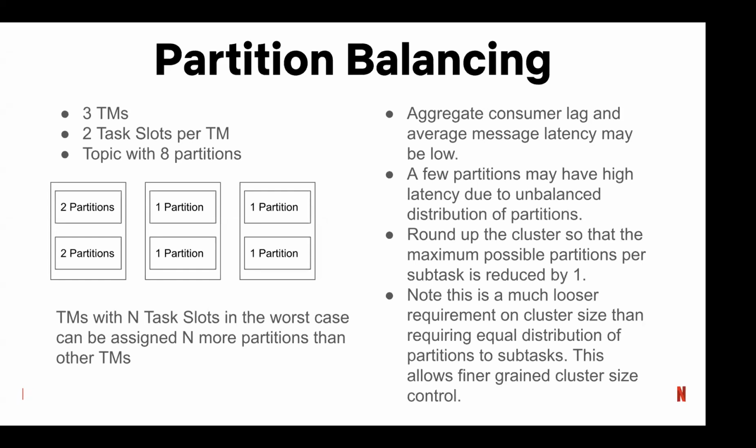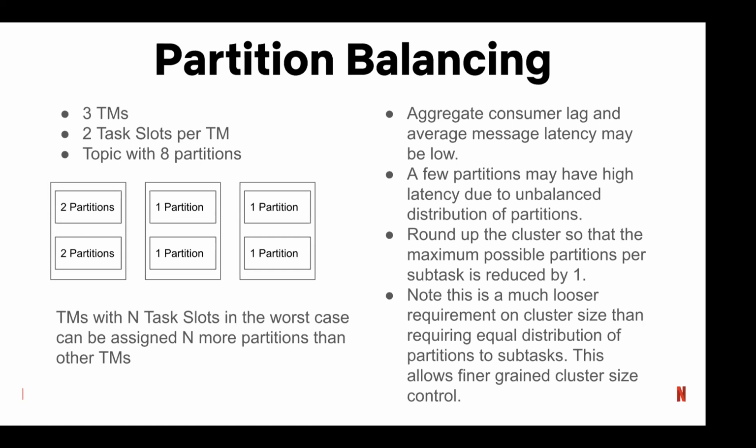So one way to handle this is to restrict the partition count for the source topic to always be a multiple of the Flink job parallelism, but that really restricts the number of possible sizes you can have for the cluster, and also the number of possible partitions you can assign to the topic. So we have a looser restriction with auto-scaling.